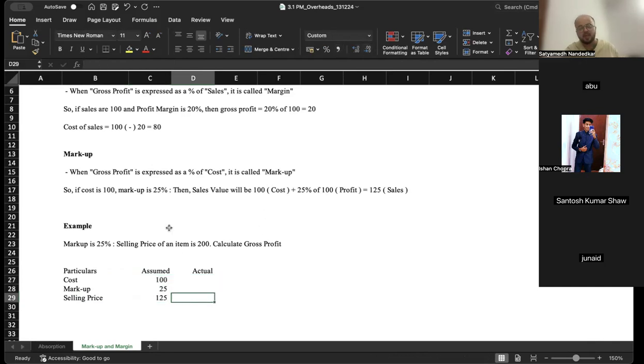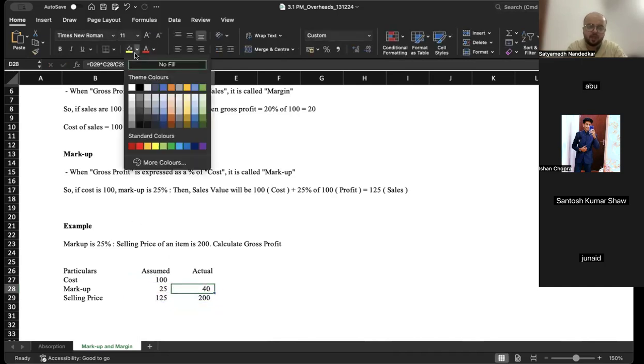Now, selling price of an item is 200. They want me to calculate the gross profit. If selling price is 200, in front of which number should I write it? In front of 100, in front of 25, or in front of 125? Ideally, I should write it here. They have asked me to calculate gross profit. How will I do it? 200 into 25 upon 125.